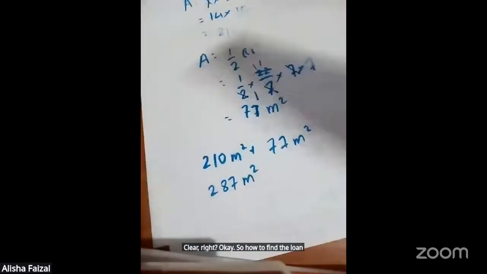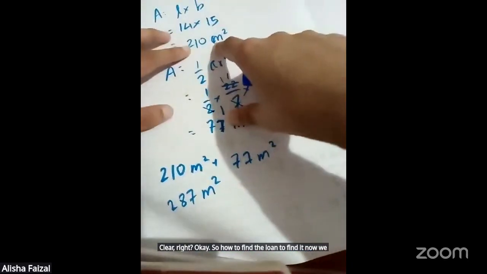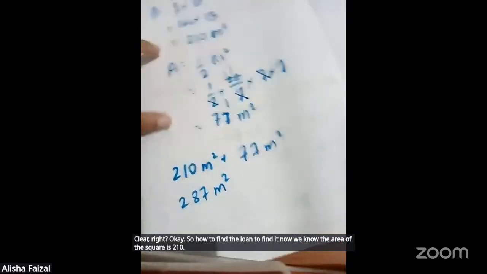To find it, now we know the area of the square is 210. Minus the area of the semicircle, 77.